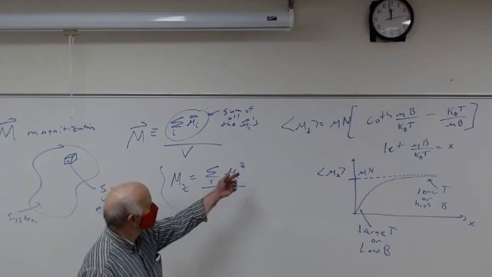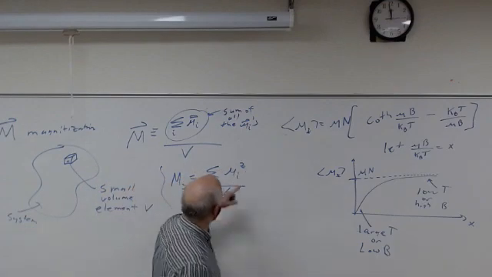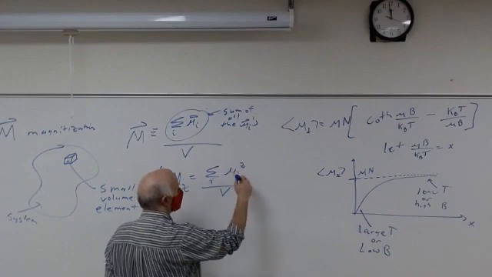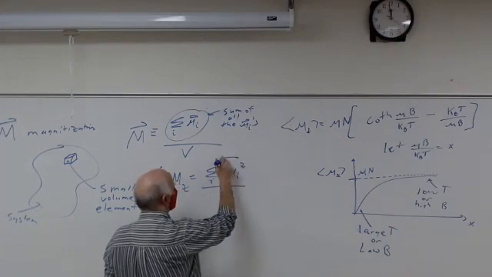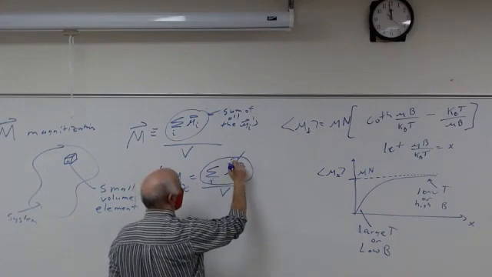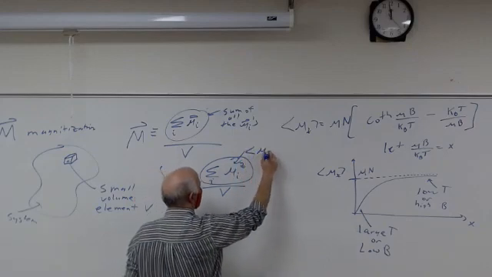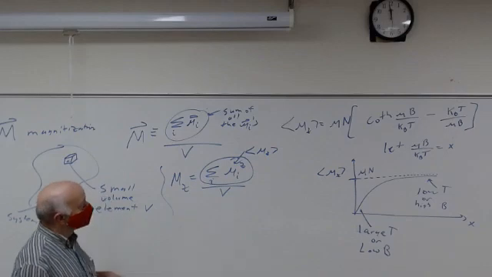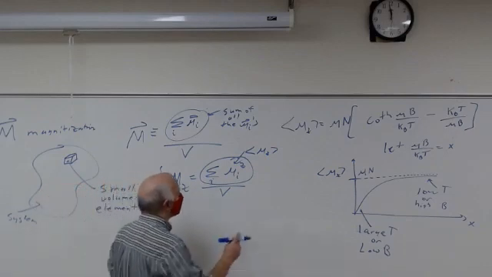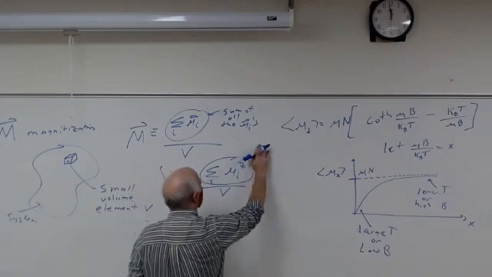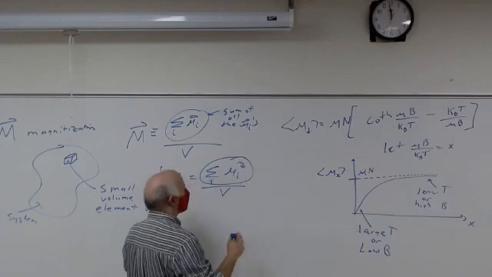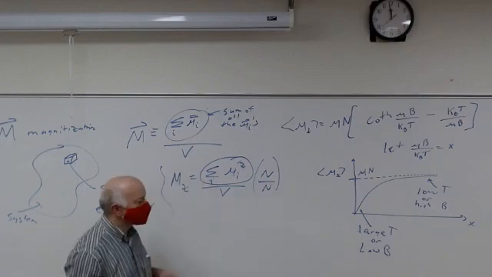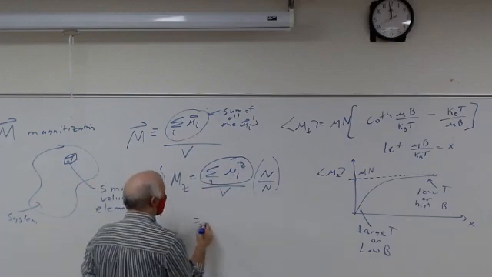So all I'm going to do is take this guy here. This is really going to become what? Well, actually, let me do it. If I multiply the top and bottom here by the number of particles in here, what am I left with?